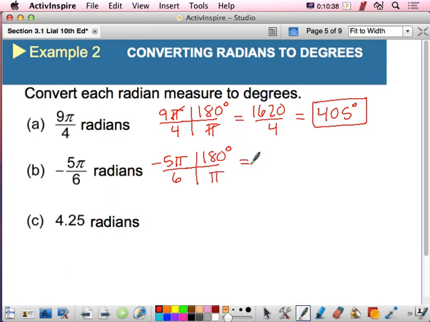Once again, because we had a pi in the original and a pi in the denominator of the conversion factor, the pi's cancel to 1, leaving us with negative 5 times 180 divided by 6. So negative 900 divided by 6 gives us negative 150 degrees.